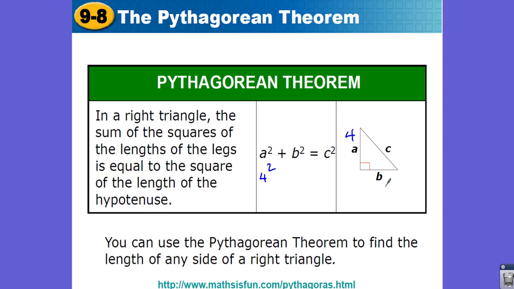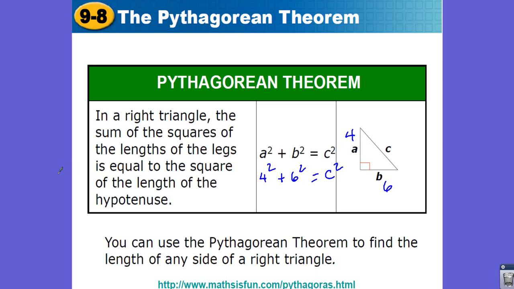And if this right here were a 6, then I'm going to do 6 squared. Well, if I were to add 4 squared and 6 squared together, I'm going to get the value of c squared over here. So that's basically what the Pythagorean Theorem states. And this guy named Pythagoras, he came up with this idea, and it works for every single right triangle.